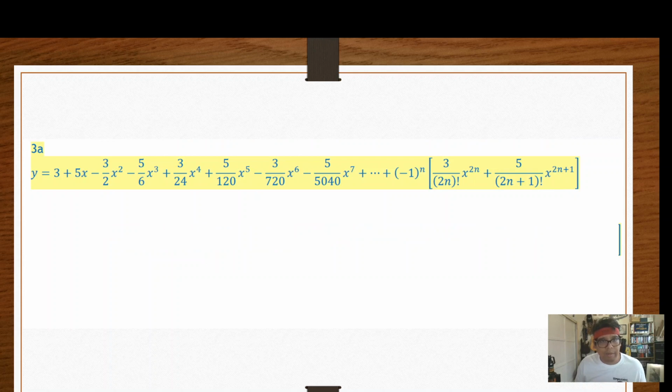Here is a function. Y is the same thing as f of x, so I just rewrote it. I'm not actually going to use this general term. For a problem of this difficulty, the general term is nice, but we'll get more mileage out of the actual terms.